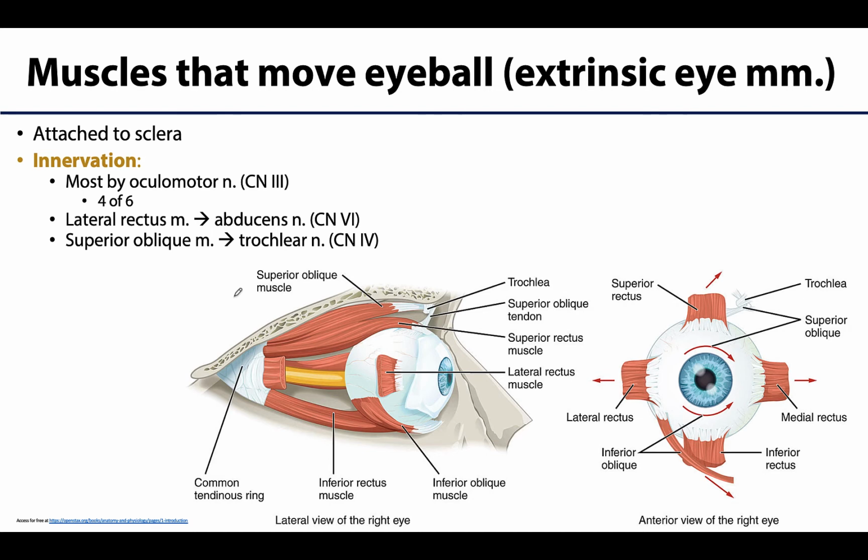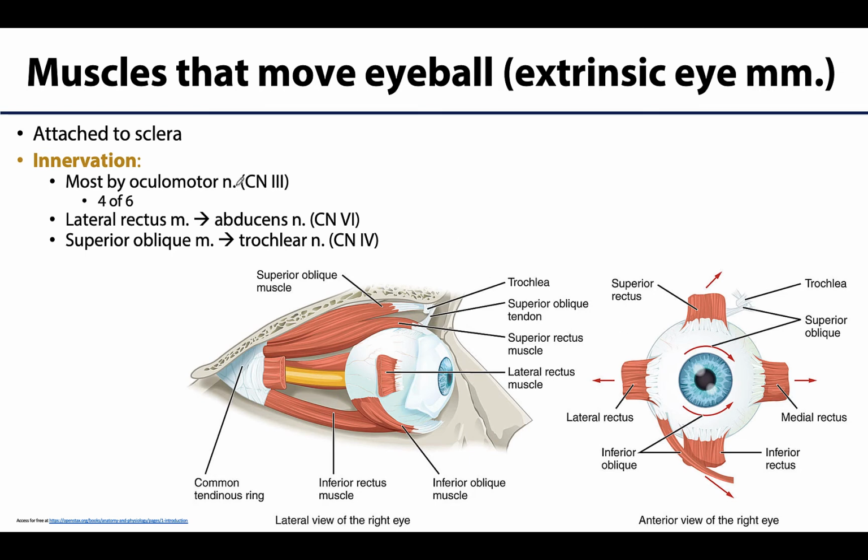You'll hear them both ways. But there are 6 of these, and these are all attached to the sclera. And the sclera, more colloquially, is the whites of the eye. So it is going to attach onto the globe, specifically the whites of the eye or the sclera.